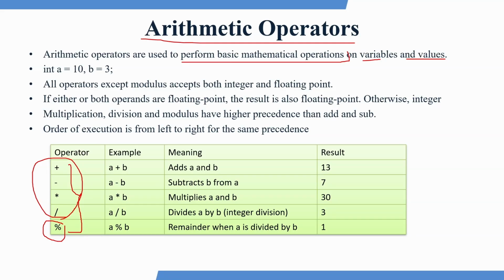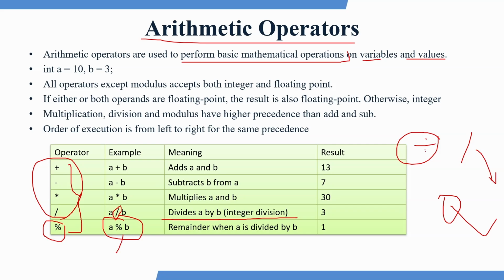If you want to get the quotient, we have to use the slash symbol, which is called the division symbol. The symbol you may use in maths is not allowed here. You have to use only the slash symbol for division, and it will return the quotient. Whereas if you want to get the remainder, we will use the modulo operator.